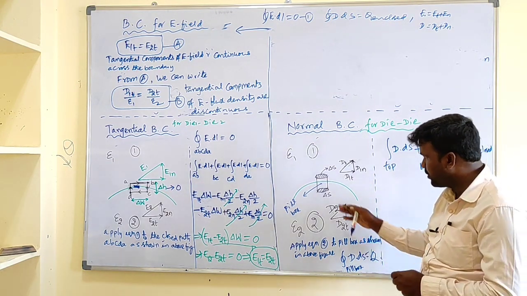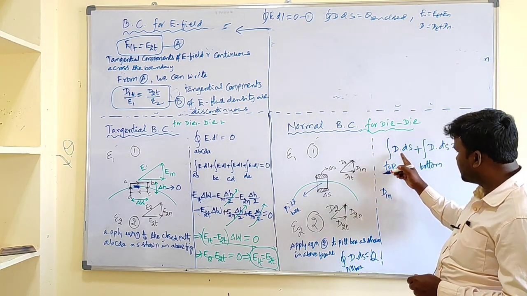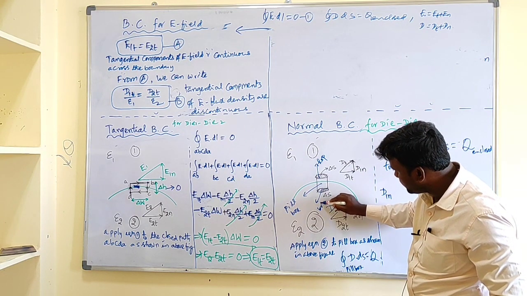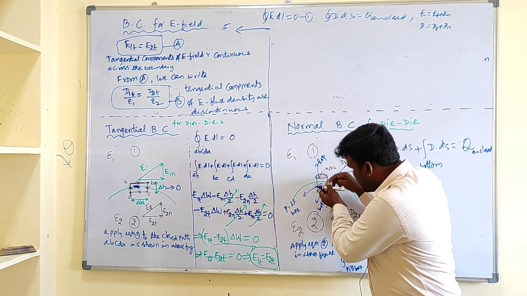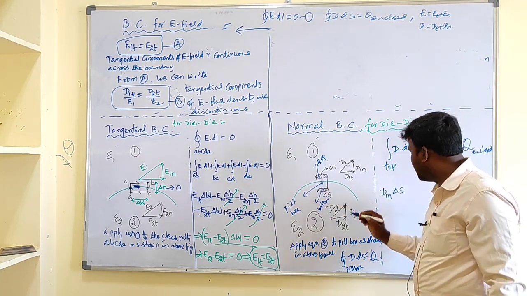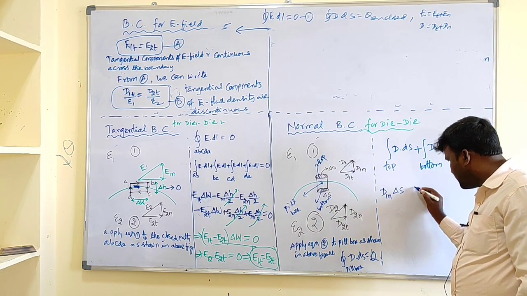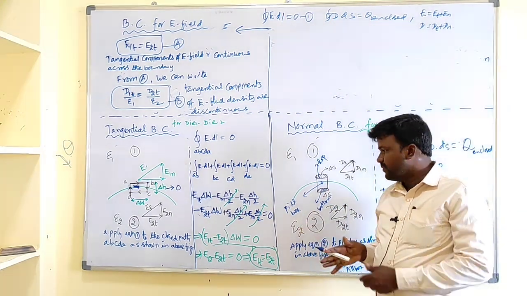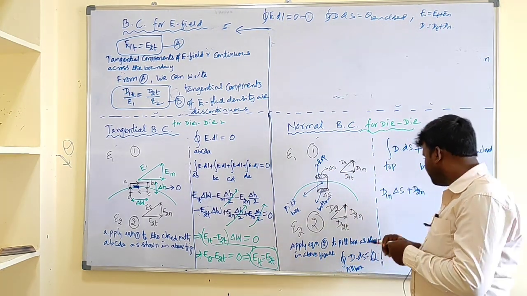For the top we have the field component D1n, and integral ds gives a surface area delta s, a small surface area. Basically this pill box is considered at this interface, where delta s is a very small area. For the bottom we have the field component D2n. The normal is outward for the top, and for the bottom it should be downward.